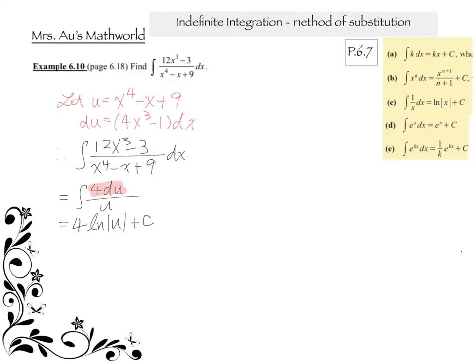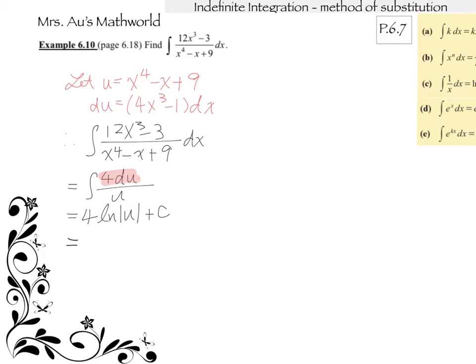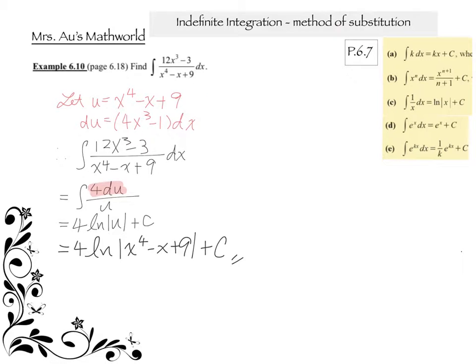So after that, you can get 4 log of x to the power 4 minus x plus 9, and then plus c. So this one is not difficult for many of you, right? Just the new thing is we have the log, with the derivative in the upper part of the integral.